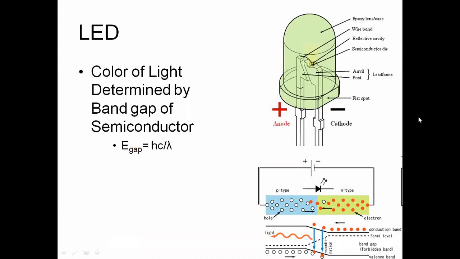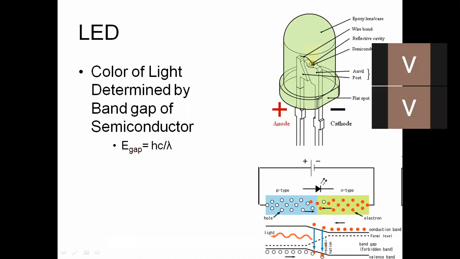Now, to make this LED work, what do we have to do? We have to connect an external battery. We have to give an external source to this PN junction diode, or we can say the light emitting diode.